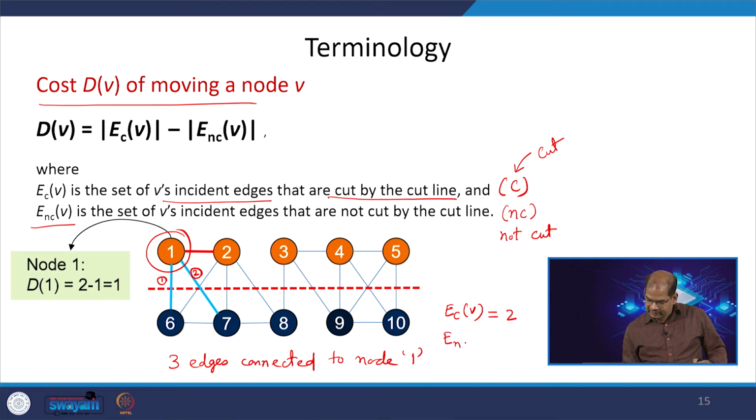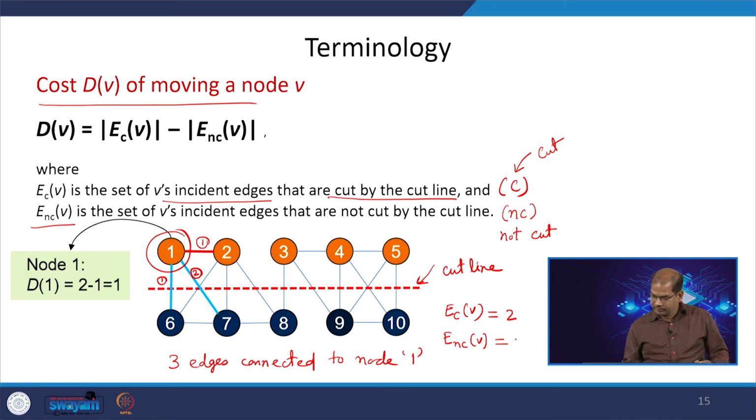The edge which is not cut by the cut line is this red line, so E_nc is 1.